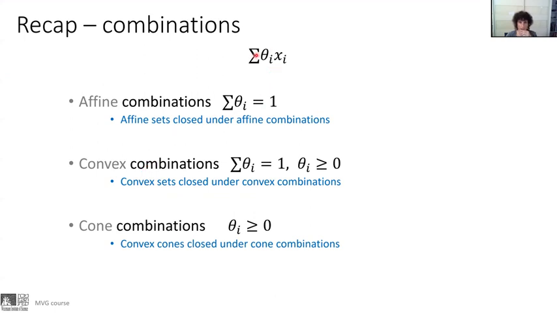Here the sum of the coefficients should be 1, but the coefficients should be non-negative. Convex sets are closed under convex combination. In the conic combination, the only restriction is that the coefficients are non-negative. In this case, convex cones are closed under conic combination. So this is just to recap.